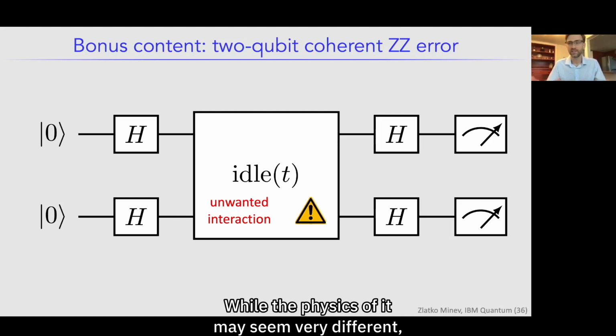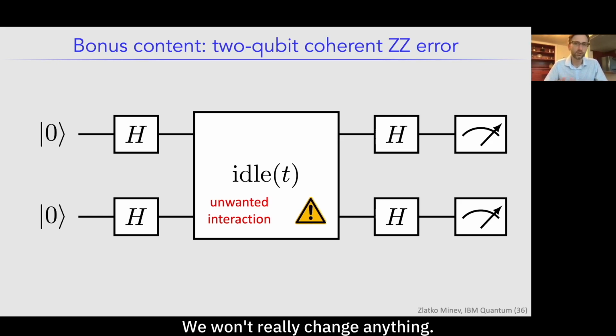While the physics of it may seem very different, and it has to do with entanglement and a different Hamiltonian and so on, the algebra is almost the same. We won't really change anything. Effectively, we'll look at a Hamiltonian that has a ZZ coupling between 2 qubits that's always on, and we'll do an experiment where we can see what its effect is.